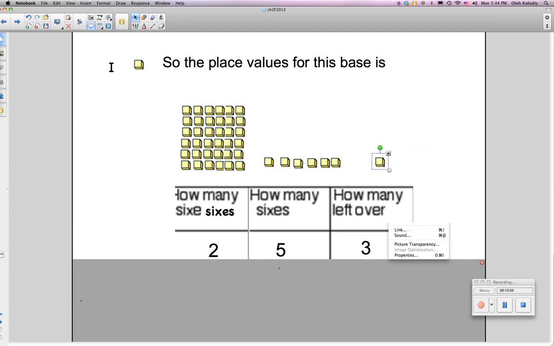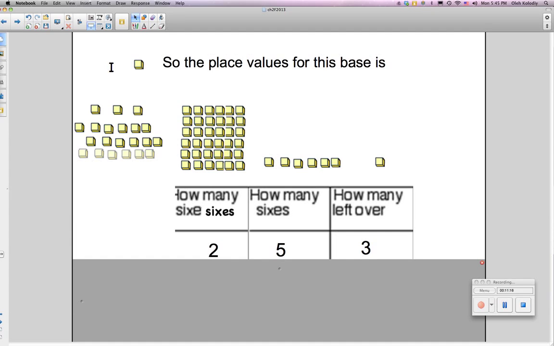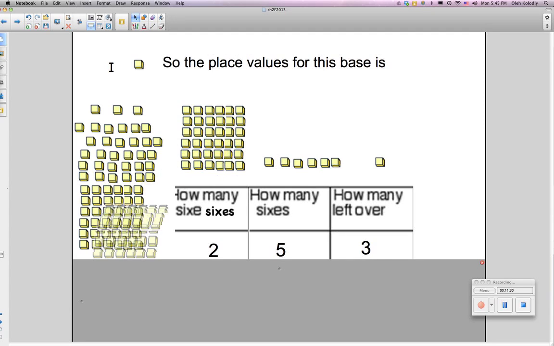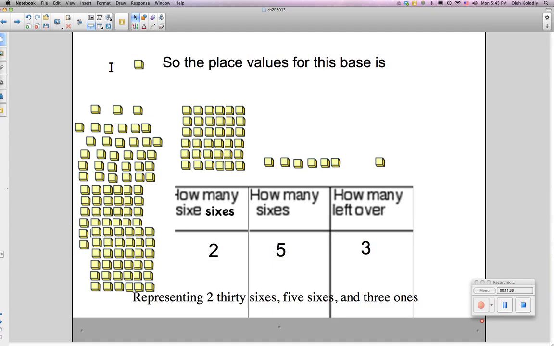Well, 3 of these, 1, 2, 3, 5 of these, 1, 2, 3, 4, 5, and 2 of these, 1, 2. How much is that total?